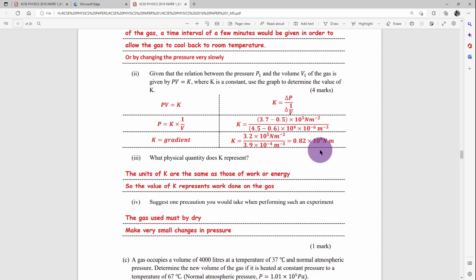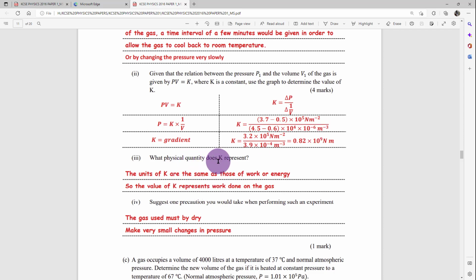I had to assume that the volume is in meters cubed, so the inverse will be in per meters cubed. If it was in centimeters cubed, I would convert centimeters cubed into meters cubed by dividing by 1 million, something like that.